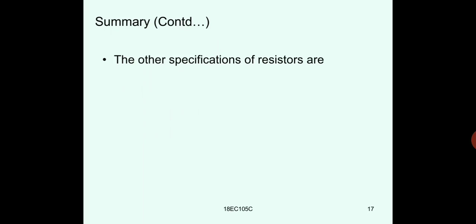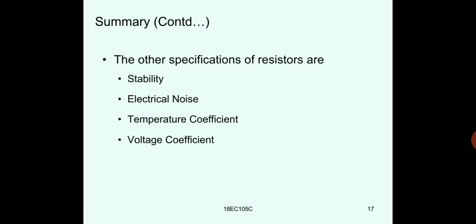The other specifications that are also required to be looked into for an application are the stability of the value, then the electrical noise it can introduce, the temperature coefficient, the voltage coefficient, and the high frequency performance of the component.